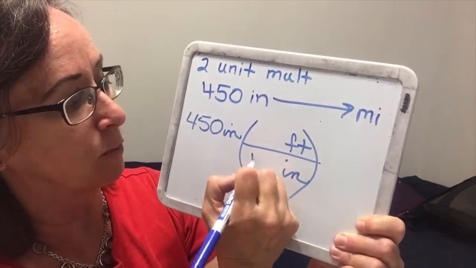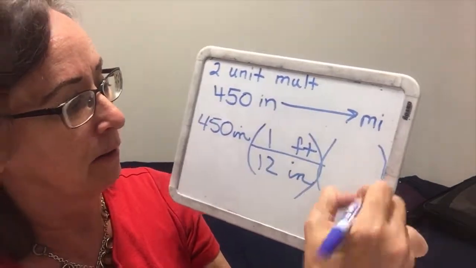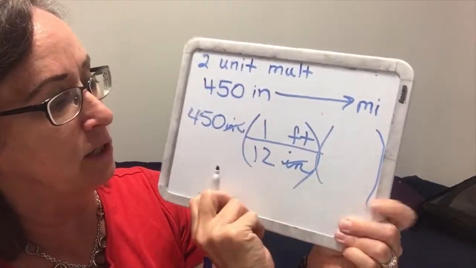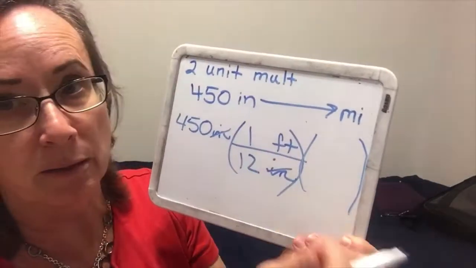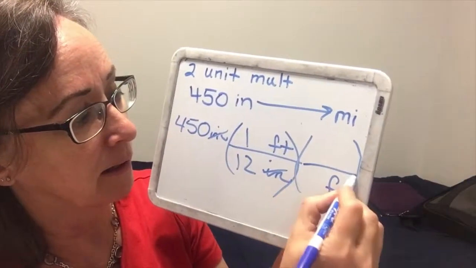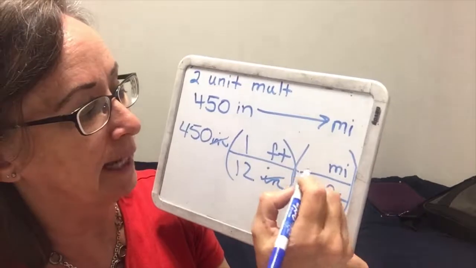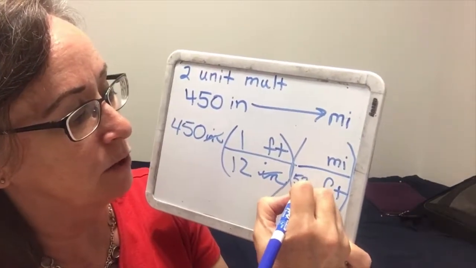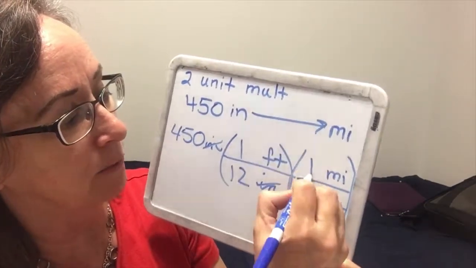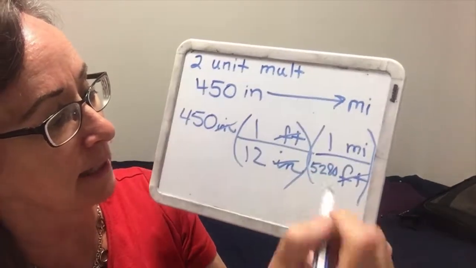So we know that there are 12 inches in 1 foot. So now we know that inches cancels inches, and now I'm in feet and I'm going to miles. So I want the feet to cancel again. So then I'm going to put miles on the top, and I'm going to have 5,280 feet is 1 mile. And now I've got everything canceling like it should.